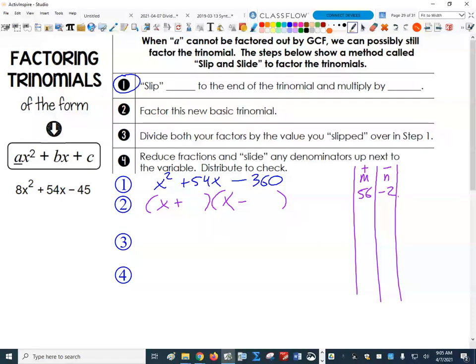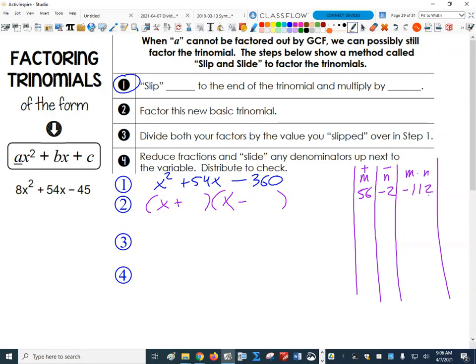Does that make sense? But if I multiply those out now, we're going to make another column of m times n. 56 times negative 2 is negative 112. Not nearly big enough, right? So I'm going to have to make those numbers a little bit bigger. What's another example?